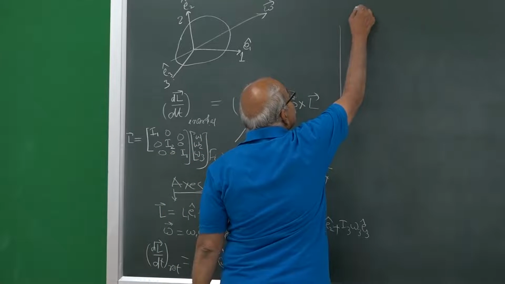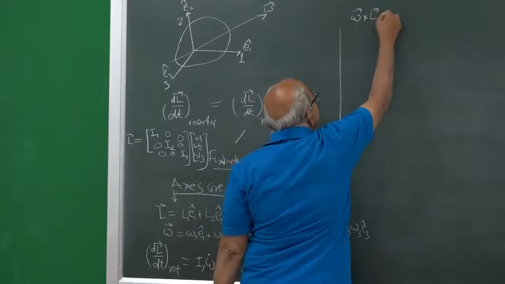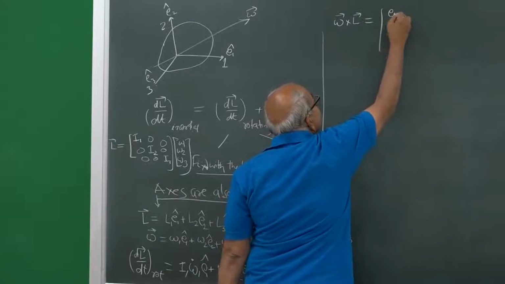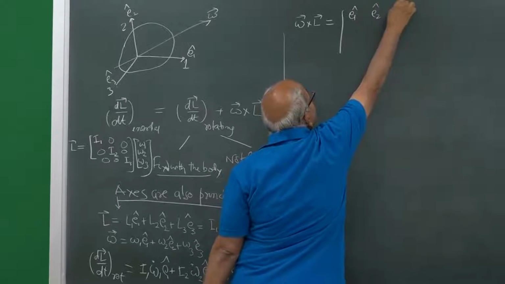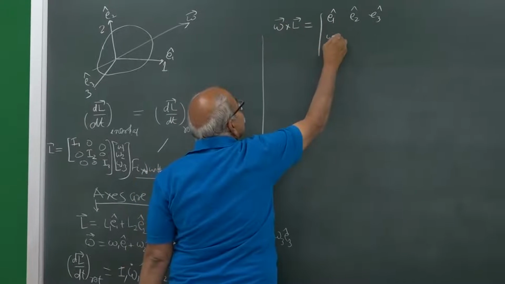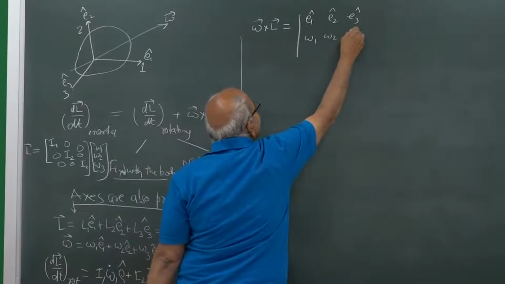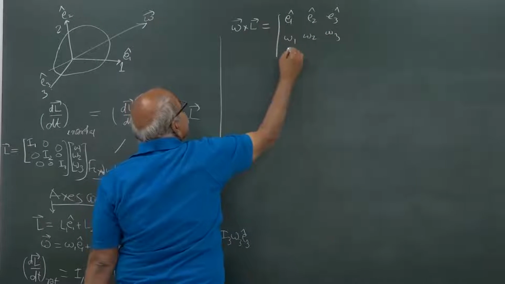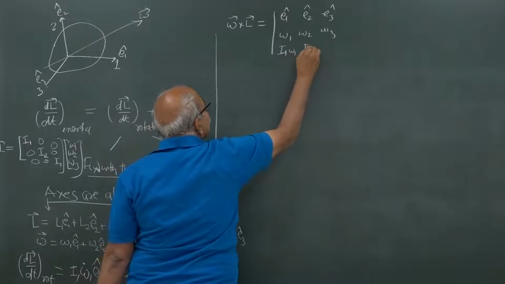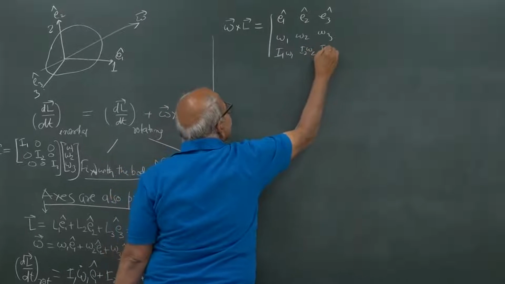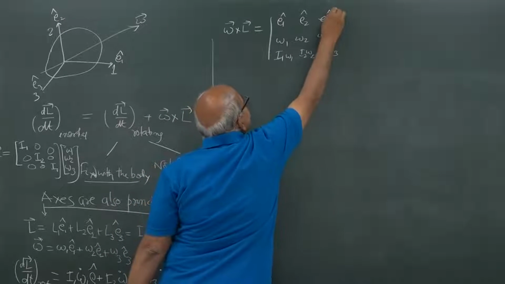So omega cross L, you can write with E1 cap, E2 cap, E3 cap, and then omega 1, omega 2, omega 3, and L1, L2, L3, which are I1 omega 1, I2 omega 2 and I3 omega 3.